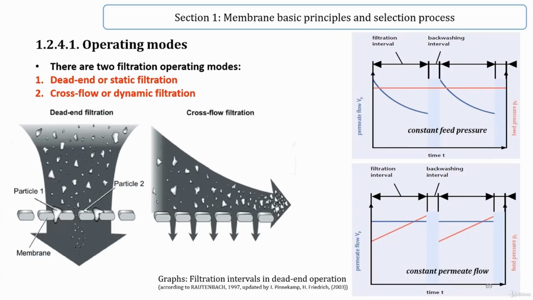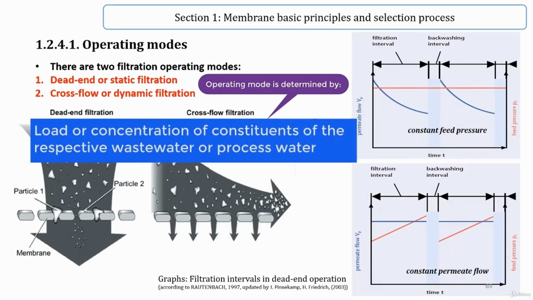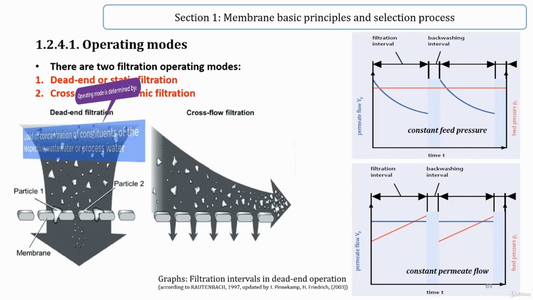Operating modes. Like the choice of the module, the operating mode of a membrane process is determined by the load or the concentration of the dissolved or undissolved constituents of the respective wastewater or process water.